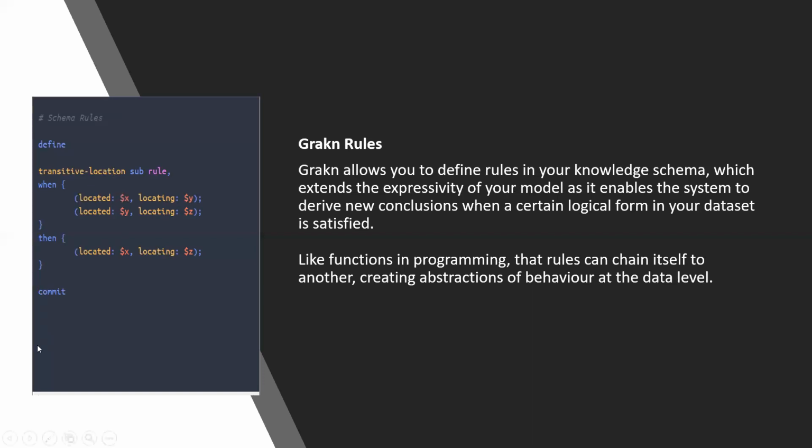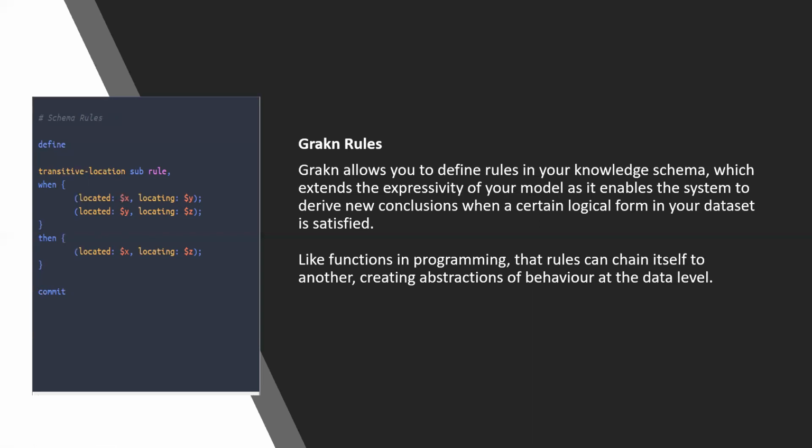So in this when, I mentioned that we define the rule object as locating X and locating Y. When you locate X, indirectly you are locating Y. And when you locate Y, it is indirectly locating Z. So when these two conditions are true, the action will be that locating X is going to give Z. That means when you locate X, it is going to give you the Z thing. So this is how we define rules in the Grakn database.